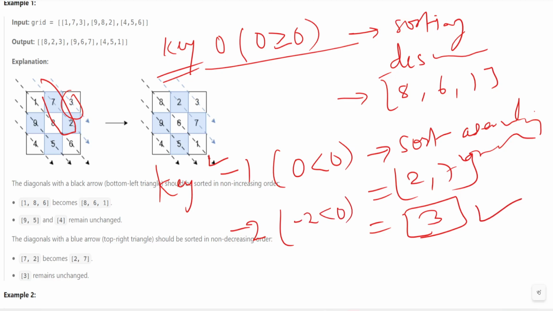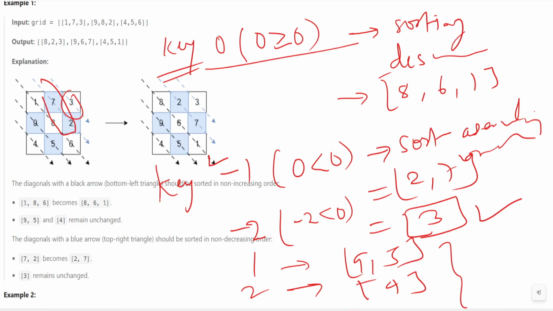Now we talk about the other two keys, 1 and 2. When it is 1, it is greater than or equal to 0, and 2 is greater than or equal to 0, so for both we have to use ascending order, as I said. Let's suppose we talk about the 9, 5 and the 4. Both will be in ascending order. So if we put them back along the diagonals, we'll get it this way.